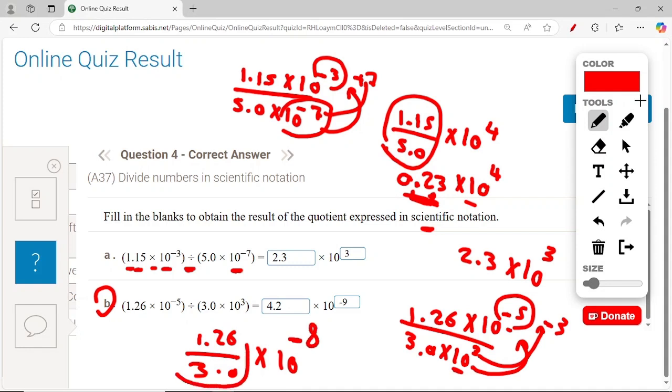So let's divide this number. 1.26 divided by 3 will be 0.42 multiplied by 10 to the power of minus 8. We need to move the decimal point to the right, so it will be 4.2 multiplied by 10 to the power of minus 9.